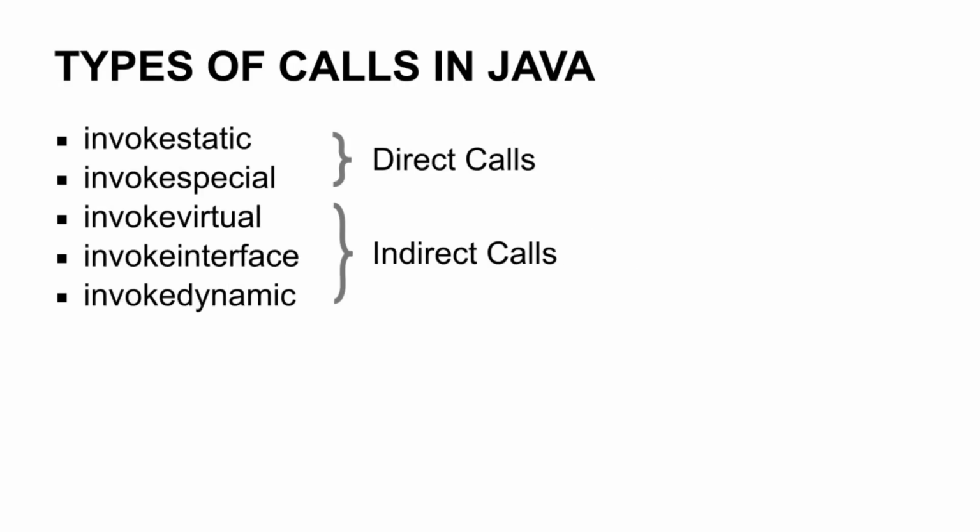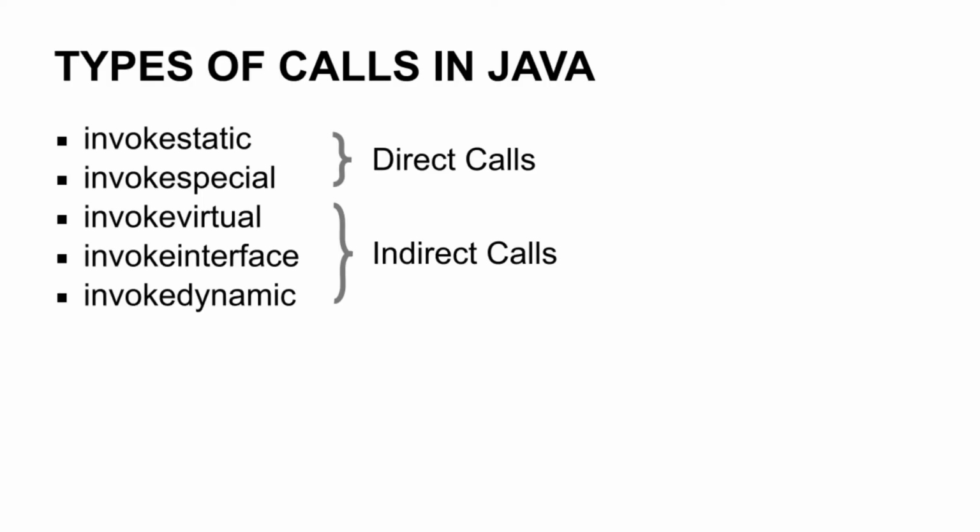But the first thing we need to understand when talking about inlining is that there isn't just one type of call in Java. The syntax is always the same for us, but for the VM, the bytecode is different. There are two types of direct calls, invokestatic and invokespecial. You can probably guess what an invokestatic is for. It's for static calls. But what about invokespecial? It's for constructors and private calls.